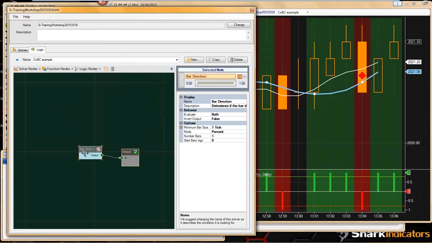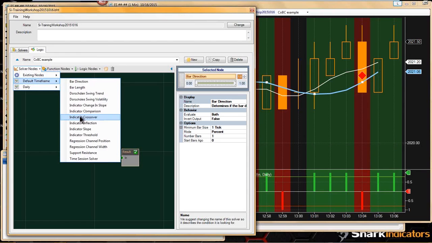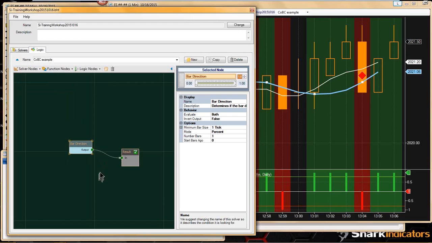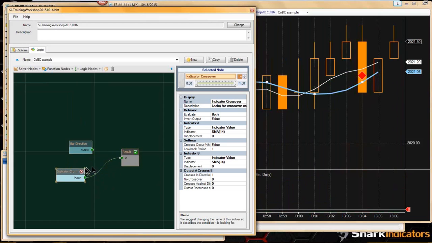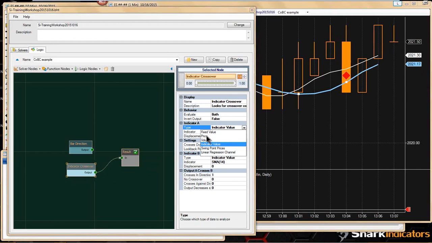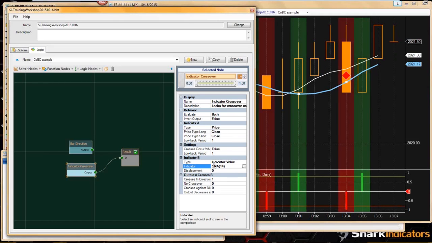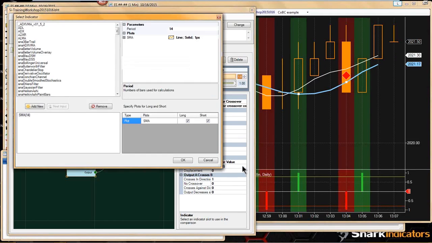What I could do, let me throw up another example here. I'm going to grab a crossover solver to generate an exit signal in real time. We're going to look for price crossing that ALMA indicator.